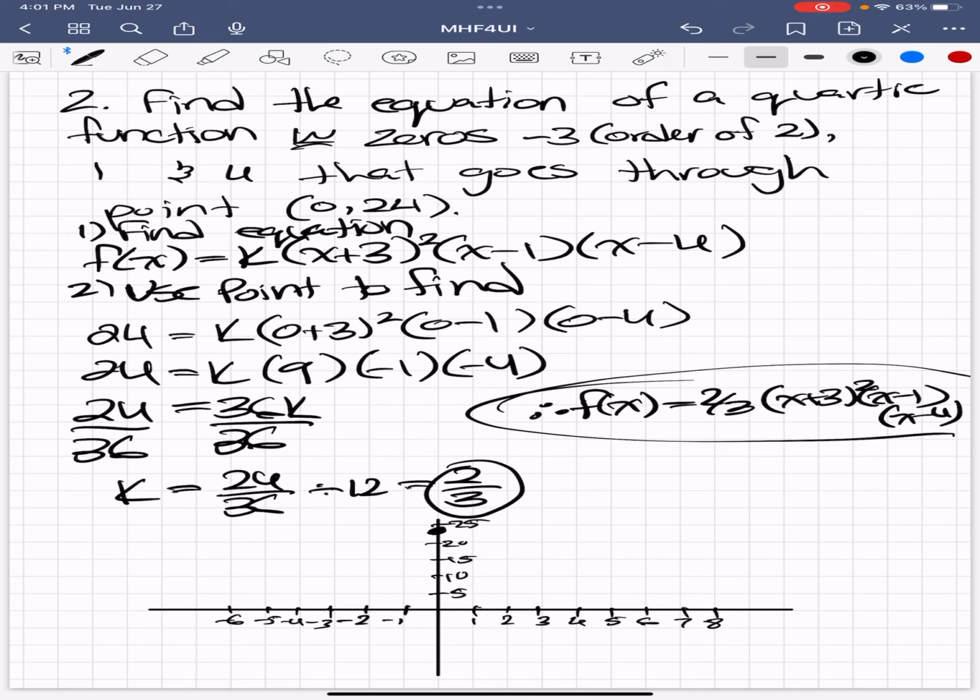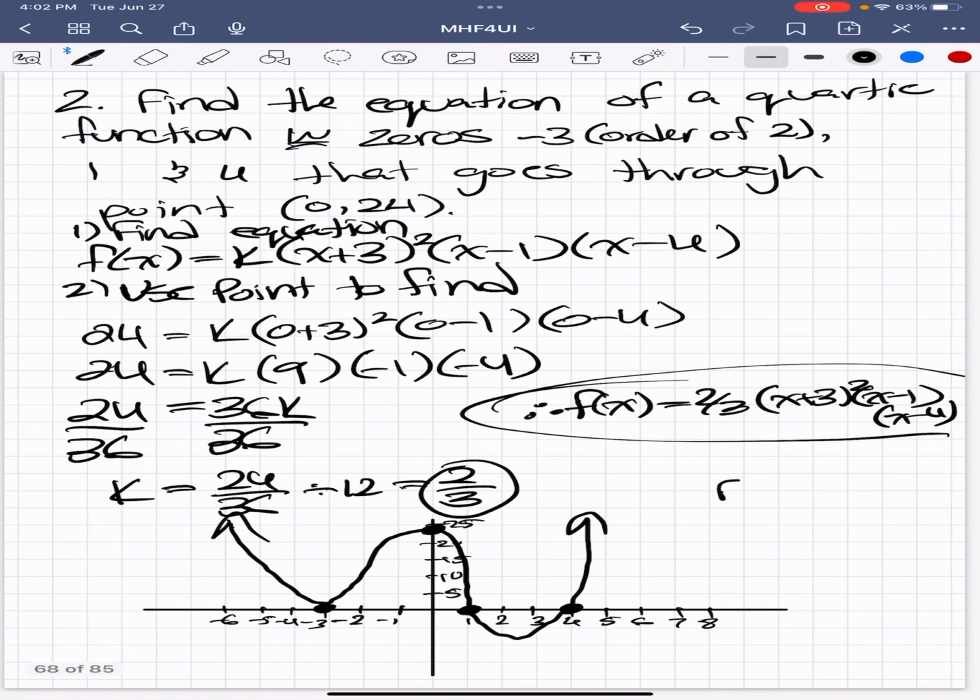And now let's graph. We're going to graph the y-intercept. We're going to graph the zeros. As you can see, the quartic function is now graphed. Let's find an extra point.